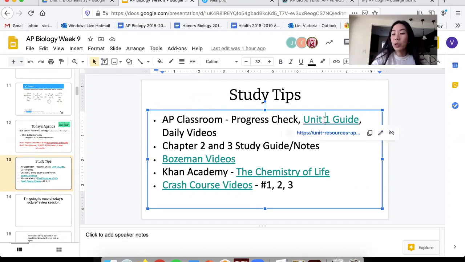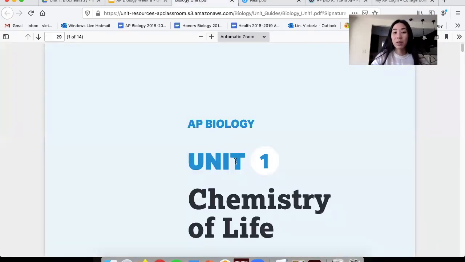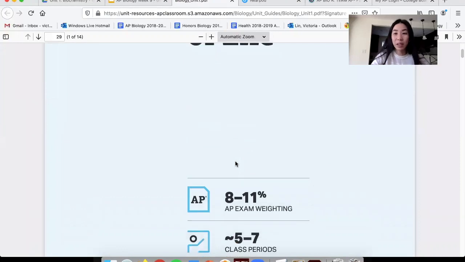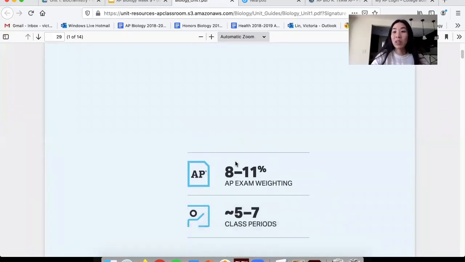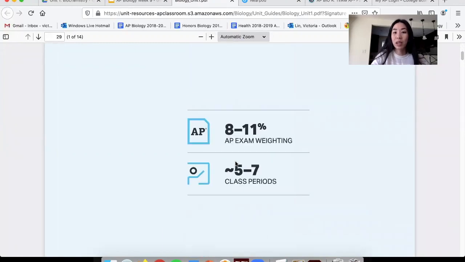Now there's also a Unit 1 guide, and this is actually what AP teachers use to prepare our lessons. It says Unit 1 Chemistry of Life. If you hear about standards, that teachers have standards that we have to teach, this is it. So if you want to know exactly what would be on the test and what's on the progress check, it's this file right here.